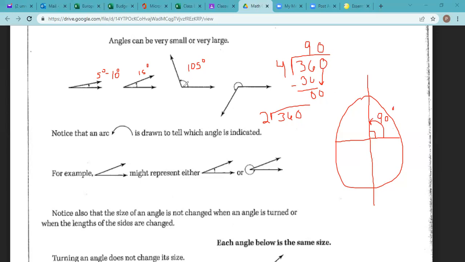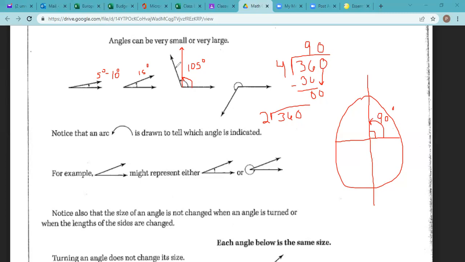But if you go back to this third one, if I was to draw a straight line up from here, this right here would be a 90-degree angle. Now, the reason why I said I'm going to guess it's about 105 is because it's slightly more than 90 degrees, right?